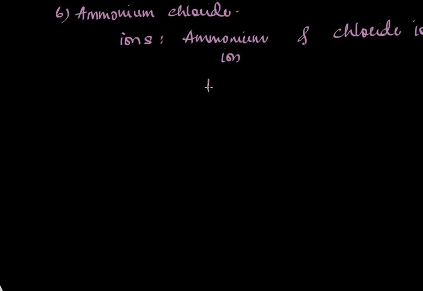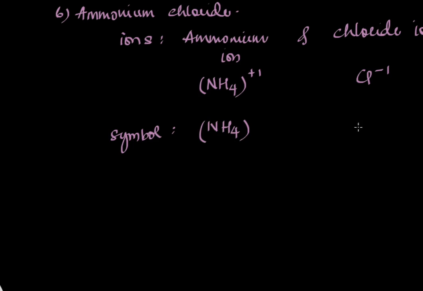Ammonium ion is written as NH4 together carrying a charge of +1, and chloride ion has a charge of -1. The symbol of ammonium ion is NH4, and chloride ion symbol is Cl. Valency of ammonium ion is 1, and chloride ion is also 1.